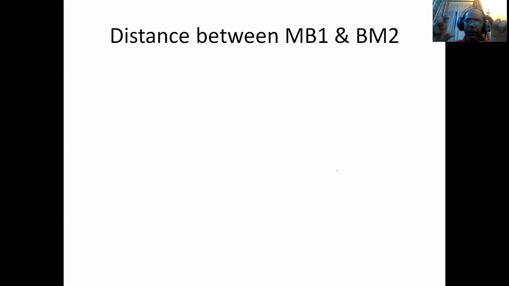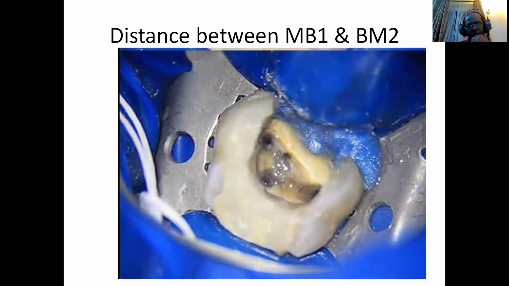The MB2 is not visible initially because it is covered with some dentine over it, so you need to explore it. Here you can see the distance and location: this is the main mesobuccal canal, and this is the MB2 canal.